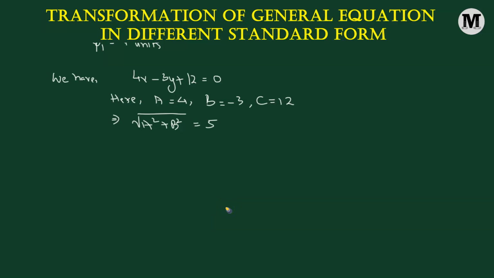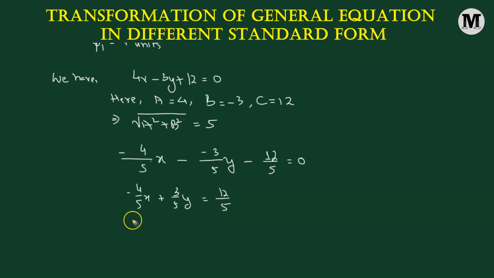Now we convert it to the normal form to get negative a divided by 5 times x minus b, that is negative 3 divided by 5 times y, minus c, that's 12 divided by 5, equals 0. So we get negative 4 over 5 times x plus 3 over 5 times y equals 12 over 5. Multiplying throughout by 5, we get negative 4x plus 3y equals 12.